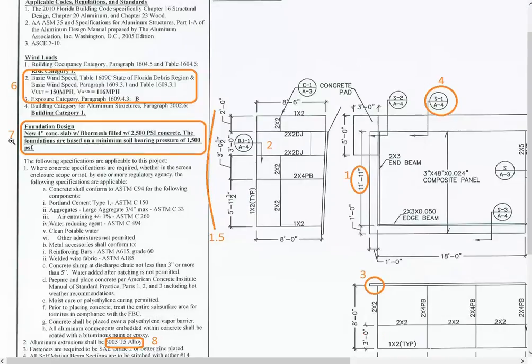Let's see, moving on. Number 7, right here, foundation design. This mentions what type of concrete it has to go on. Some cages require a footer, smaller ones do not. You'll see right here it requires 2,500 psi concrete and a soil bearing pressure of 1,500. So these requirements aren't too stringent.